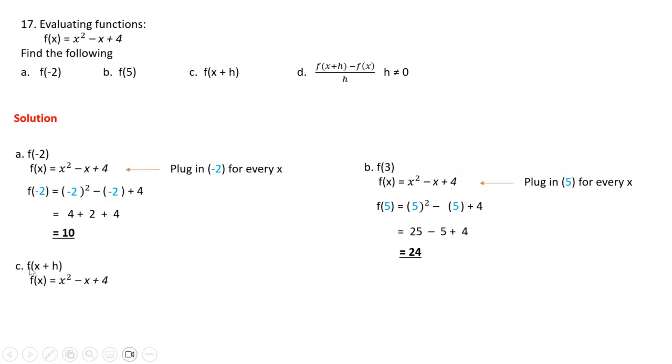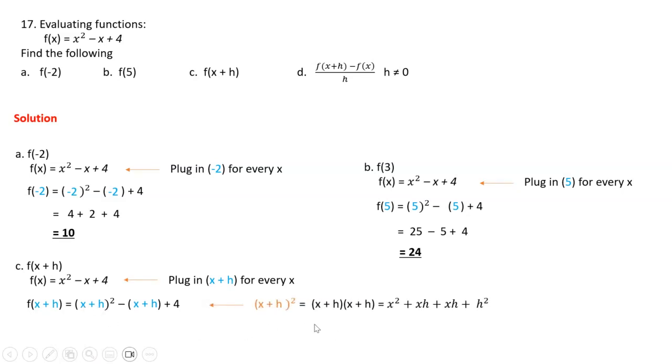Now comes finding f of x plus h, which means I'm going to plug in x plus h for every x. I'm going to plug it in here for the squared, and also here. Now I have to simplify or multiply the binomial x plus h times x plus h. So I'm going to do it here on the right side. So x plus h squared is equal to x plus h times x plus h.